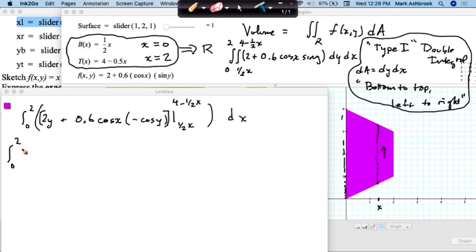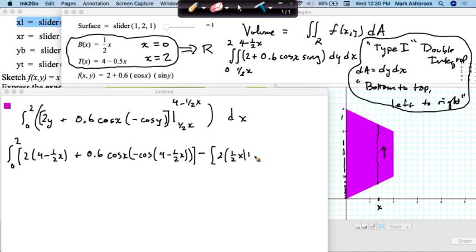So we're going to have 2 times (4 minus 1/2 x) plus 0.6 cosine x minus cosine of (4 minus 1/2 x), minus the whole thing with 1/2 x plugged in: 2 times 1/2 x, which is a little bit easier, plus 0.6 cosine x minus cosine of 1/2 x.